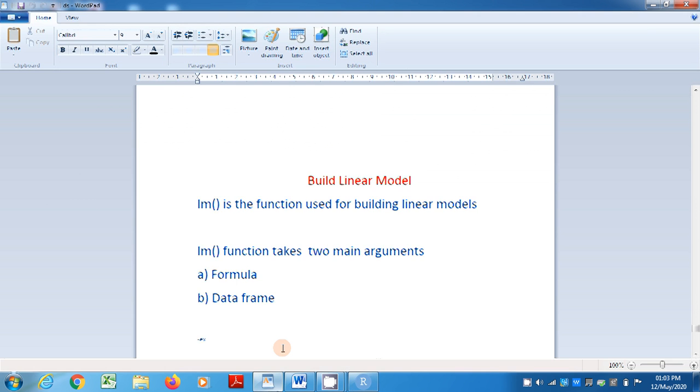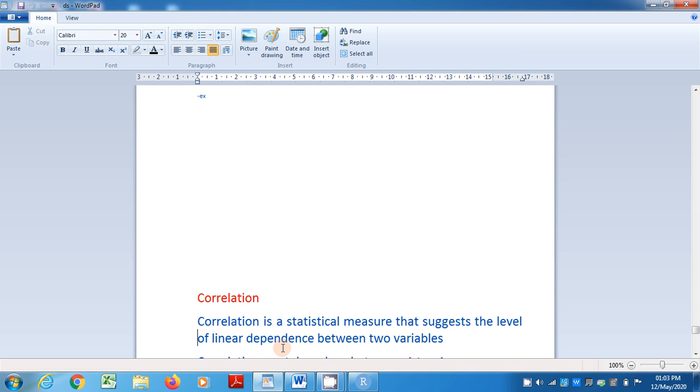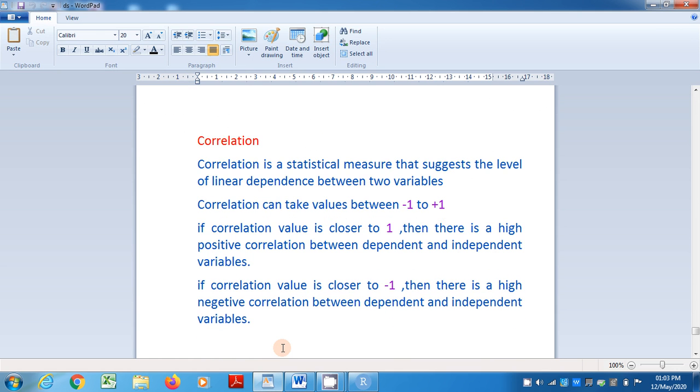Correlation is a statistical measure that suggests the level of linear dependence between two variables. How much level of linear dependence? 90%, 99%, 95%, 0. Correlation takes values between -1 and +1. If the correlation value is closer to 1, then there is a high positive correlation between dependent and independent variables.